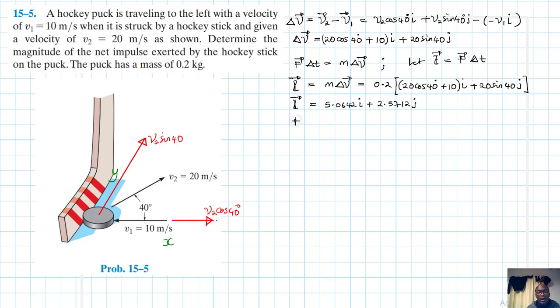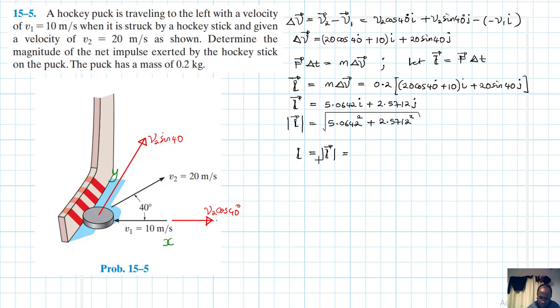Therefore the magnitude is equal to the square root of 5.0642 squared plus 2.5712 squared.